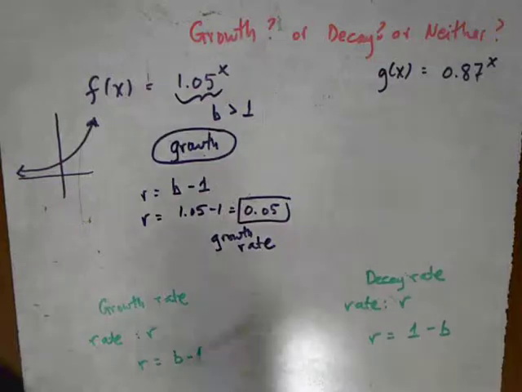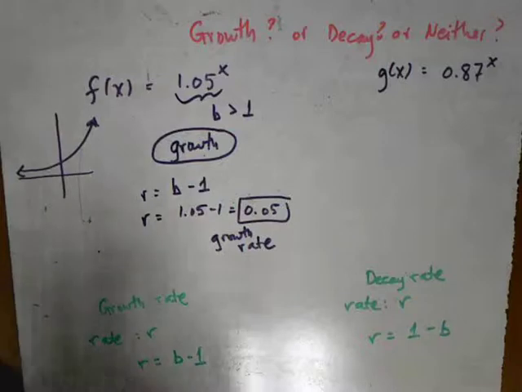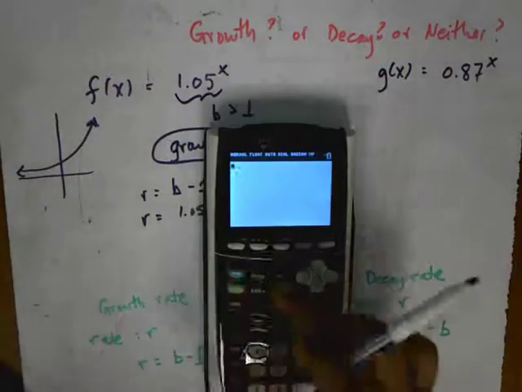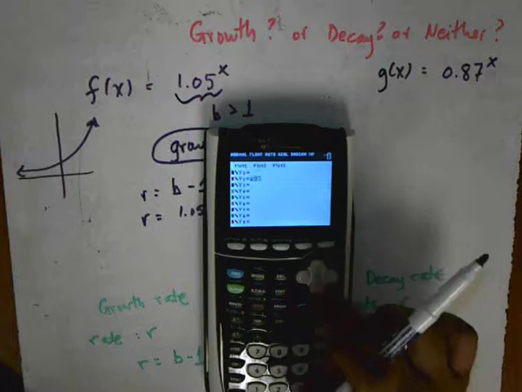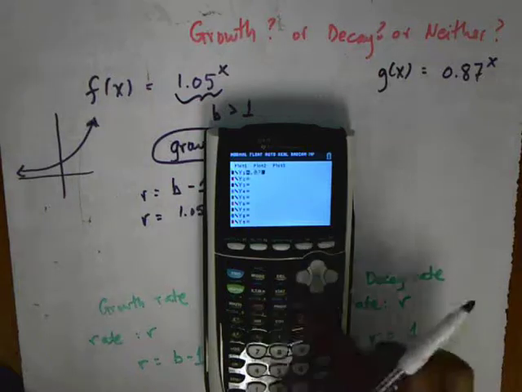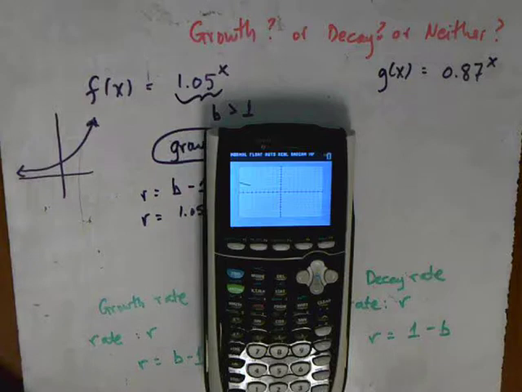We can contrast this to this function, g of x equals 0.87 to the x, and just to show you, you can use your grapher. 0.87 to the x. Use a standard window. And you can see that in this case, this function is a decay function.